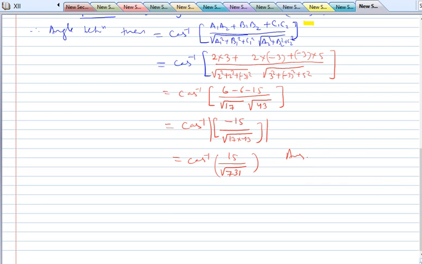Okay. Now a similar kind of concept comes when I talk about the angle between a line and a plane. Let us talk about that. Now look at this concept.